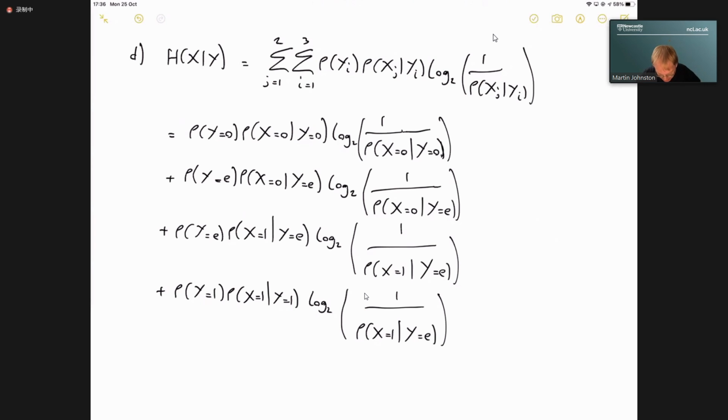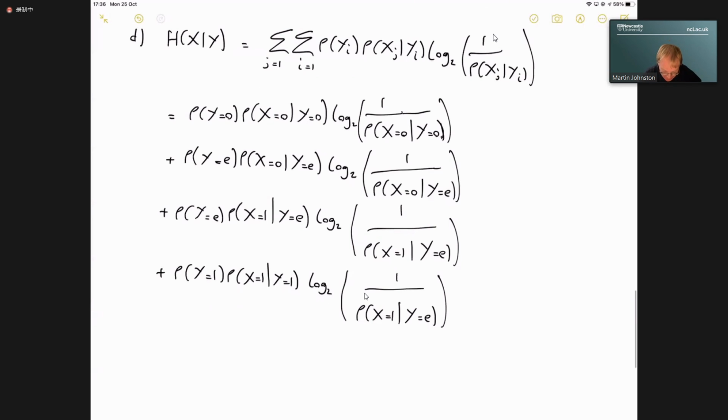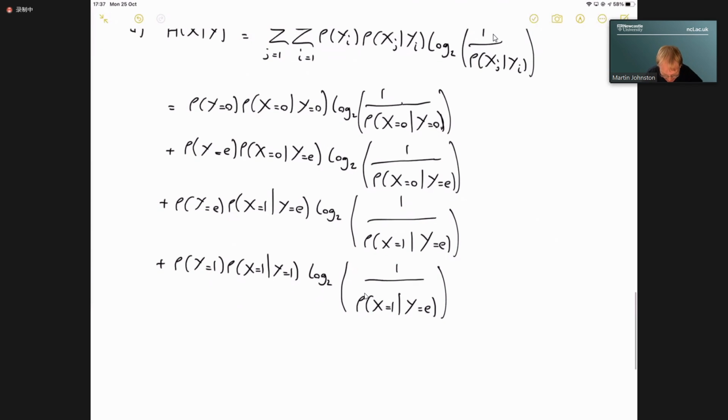So there's 4 terms, and we have all of those probabilities calculated already. So just put the values in, and this is an interesting example because it actually simplifies quite a lot. So let's put the values in.